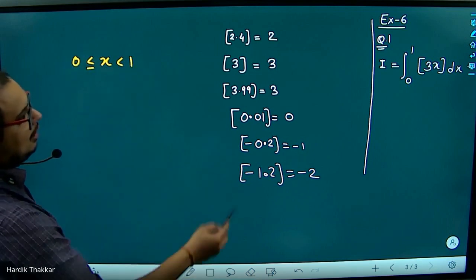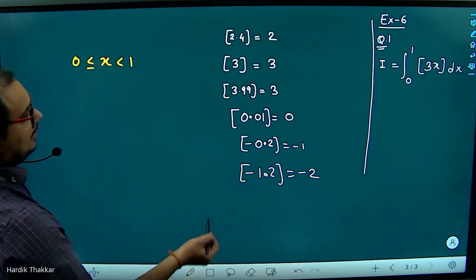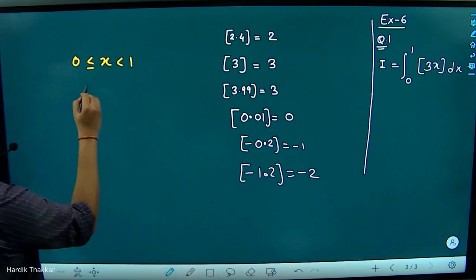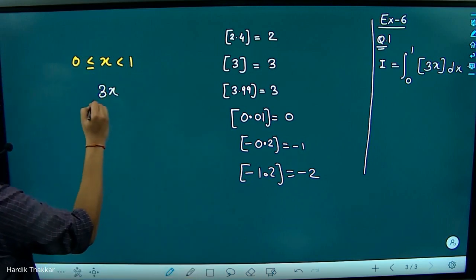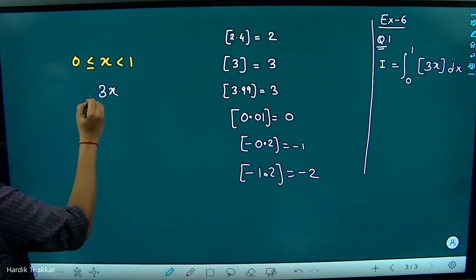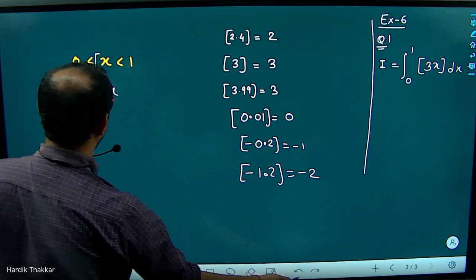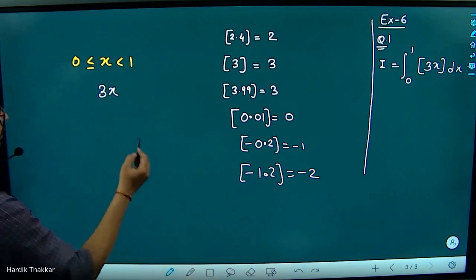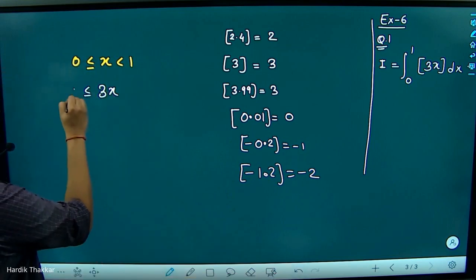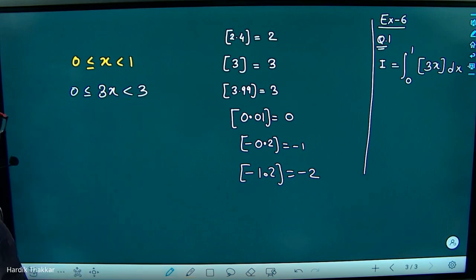So we multiply by 3 on both sides, and 3x will be from 0 to 3.